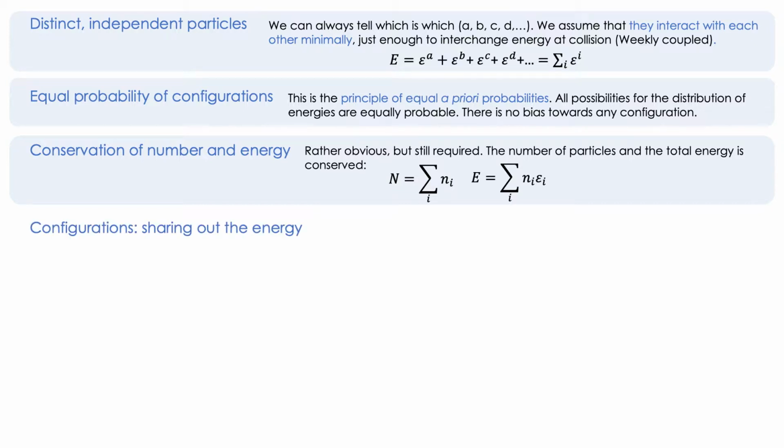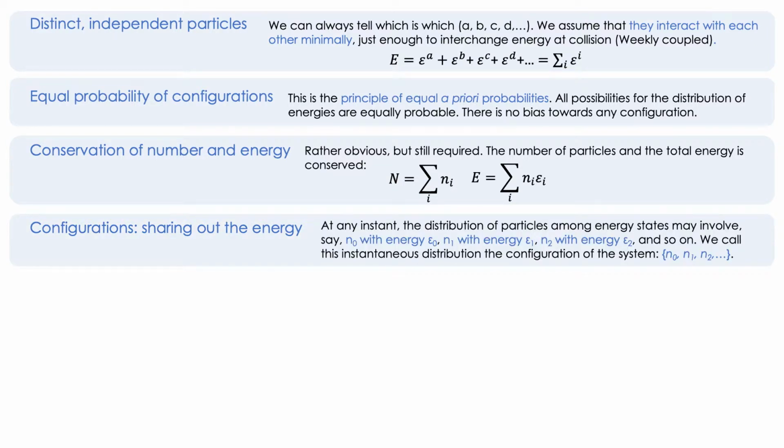Now, another one is configurations, the concept of configuration, sharing out the energy. At any instant, the distribution of particles among energy states may involve, let's say, n sub 0 with energy E sub 0, n1 with energy E1, n2 with energy E2, and so on and so forth.